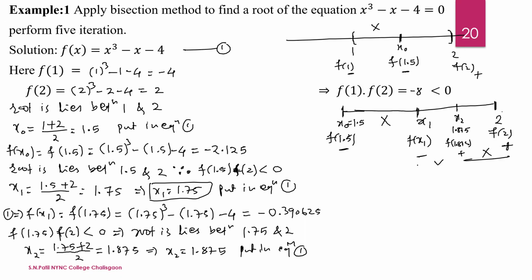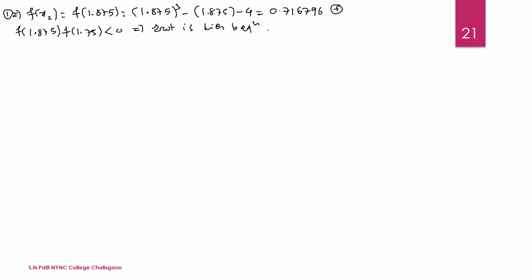x1, which is 1.75, and 1.875. Now bisect this. This is one point, we call this x1, 1.75, and this is 1.875.